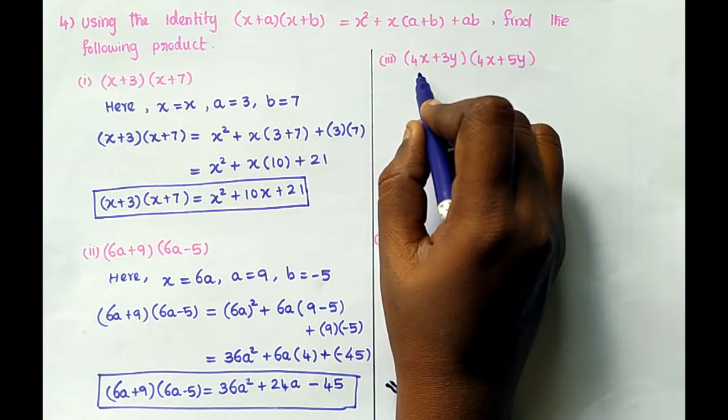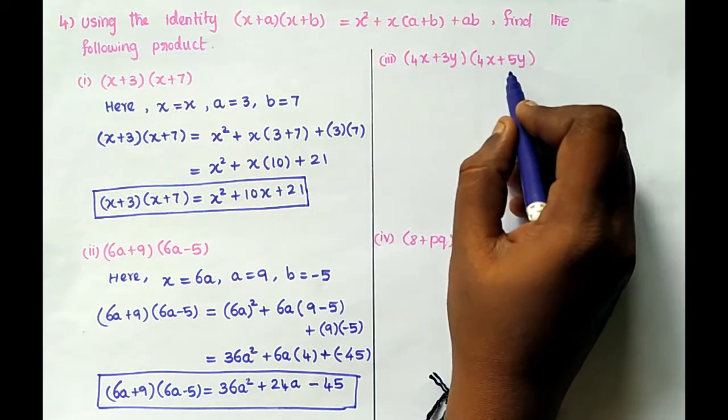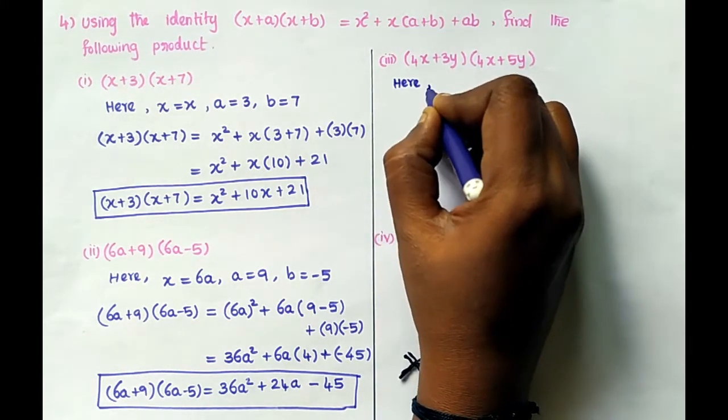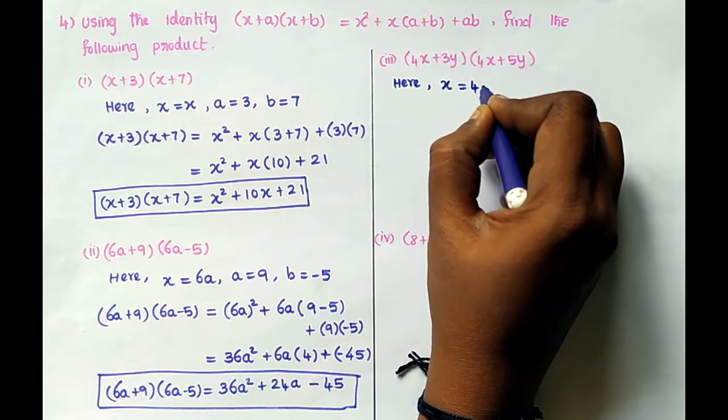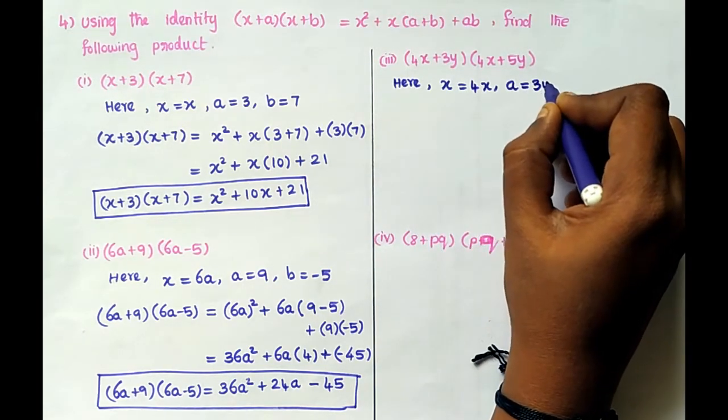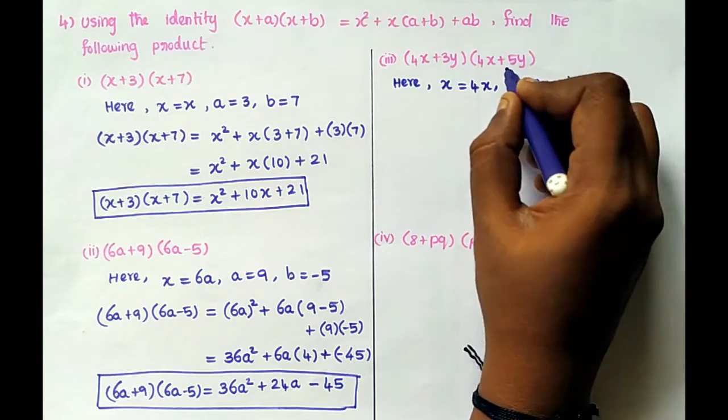Next one, 4x plus 3y, 4x plus 5y. Listen here, x equal to 4x, a equal to 3y and b equal to 5y.